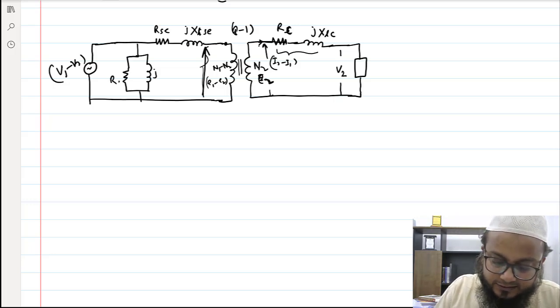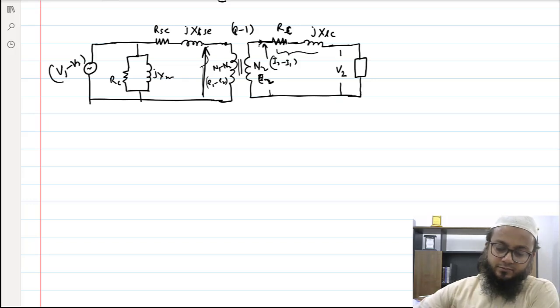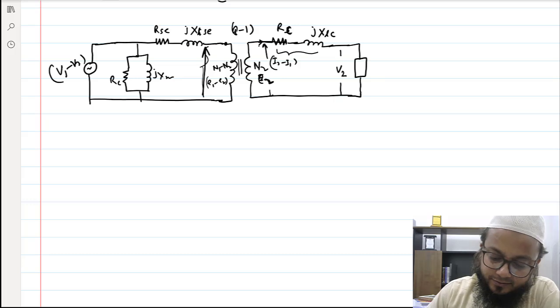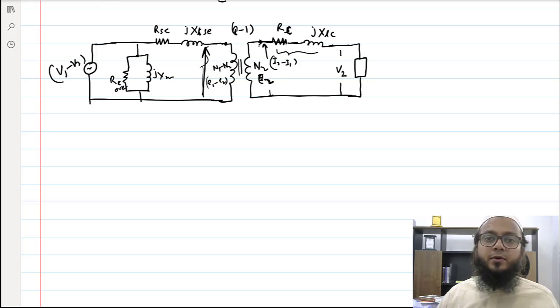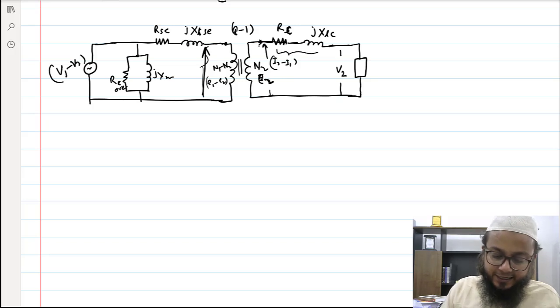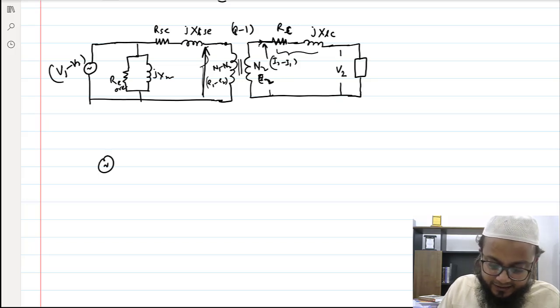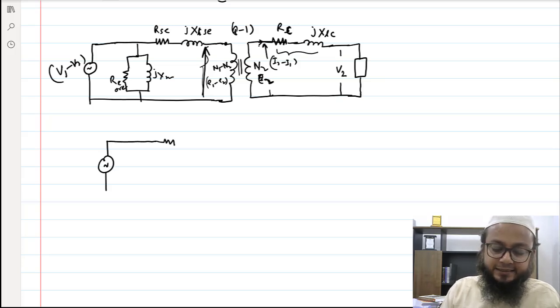RC, jXM. So this is RC, R core, I would say. So if I transfer these impedances towards the primary side, then we can directly proceed, and for the time being I am just neglecting the shunt branch parameters as well.